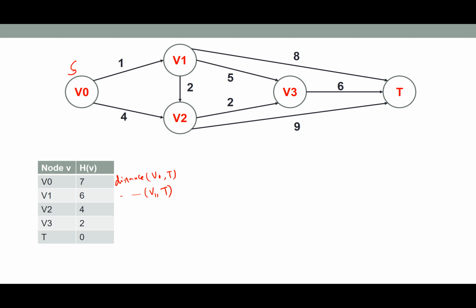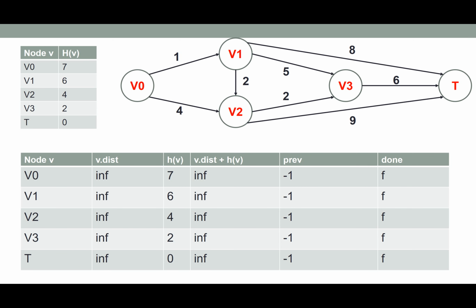Okay, so let's run A star a little bit here. We have the starting point S. If you look at the nodes in here, for each node you have the dist and you have the heuristic.